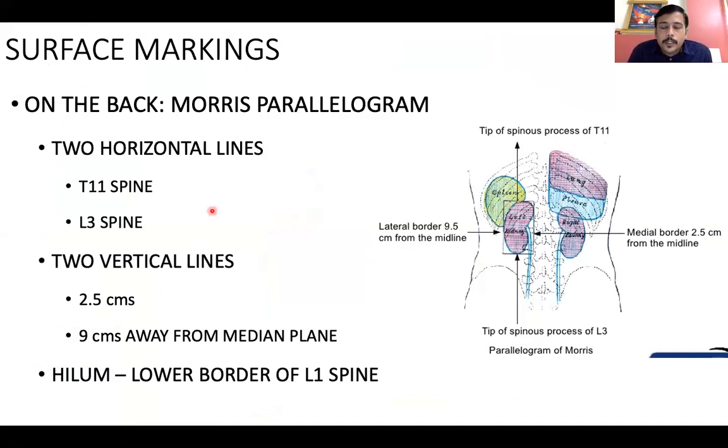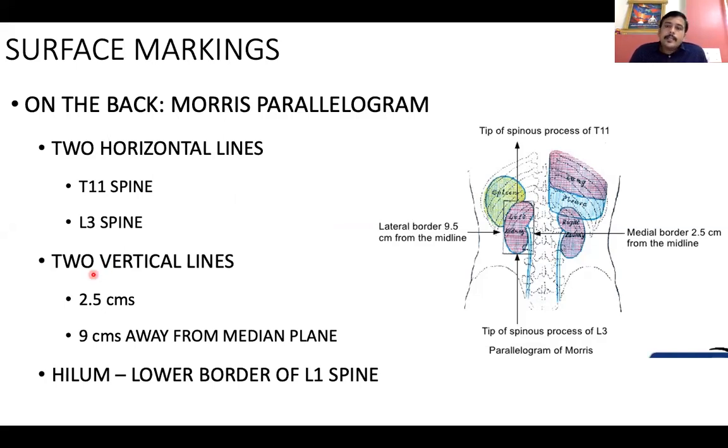Two horizontal lines and two vertical lines form this parallelogram. The two horizontal lines are the first line at the level of the T11 spine, and the second line at the level of the L3 spine.